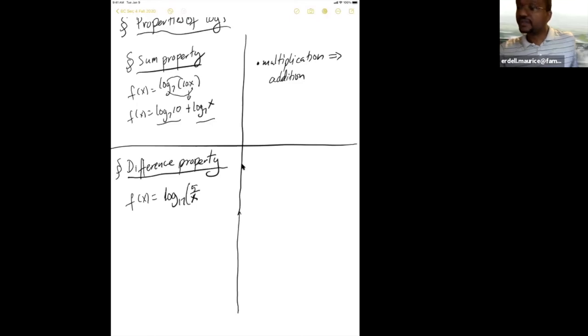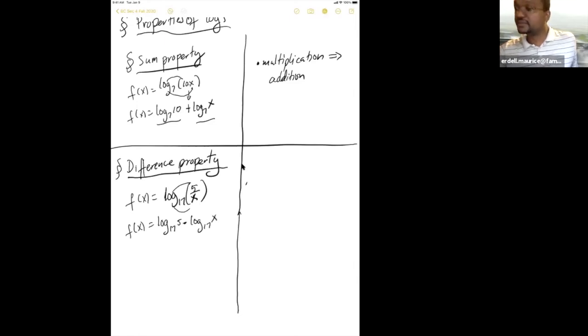Now, in the previous example, I had multiplication. Now I have division. It ends up being the opposite. Again, expanding the log, that's log base 17 of 15 minus, and then down here, log base 17 of x.